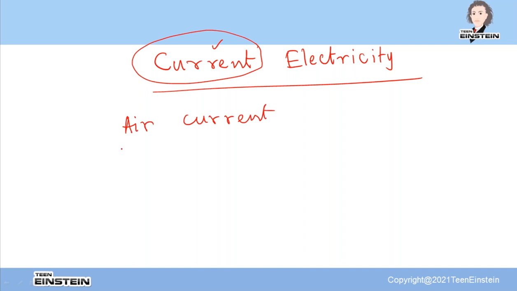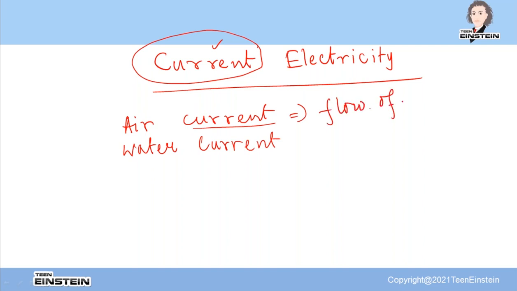We can say air current, we can say water current. You might have heard of water current. These are very normal. This current is a general word which means flow of some things.